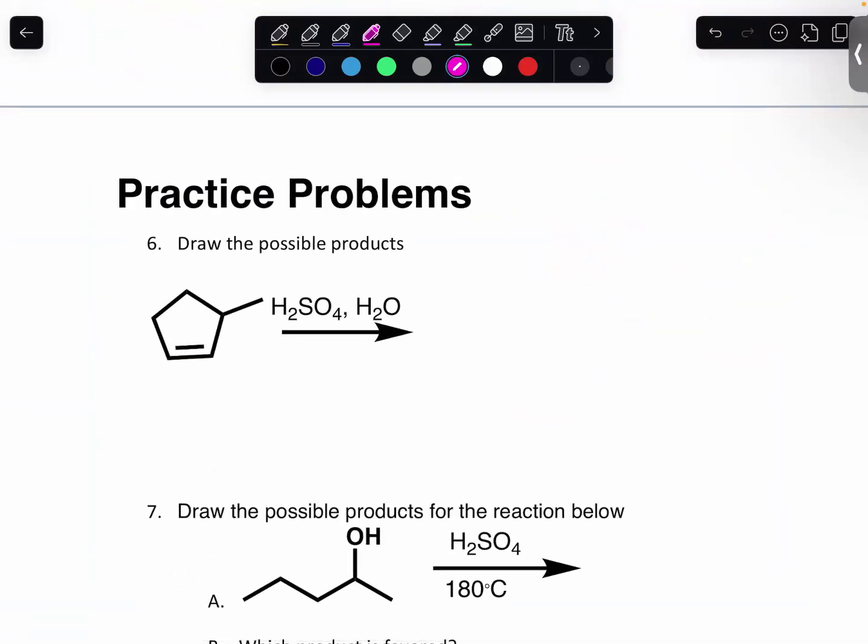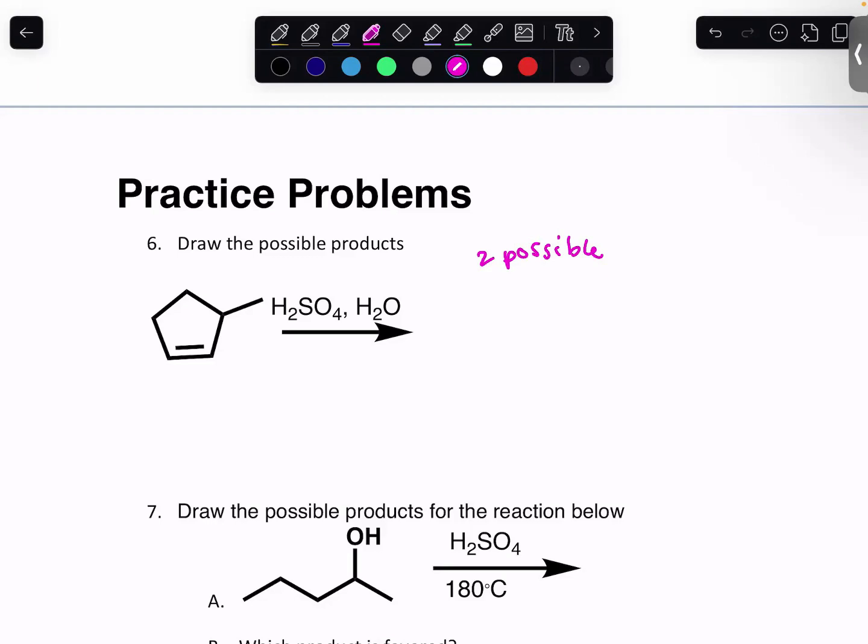Draw the possible products. How many products will there be? 2. What exactly are we doing in this reaction? What are we going to change?